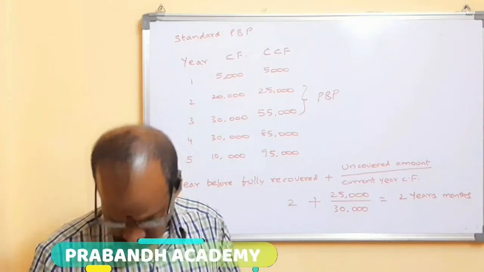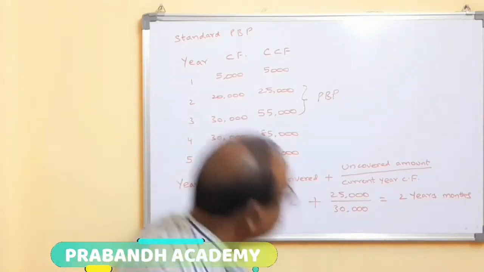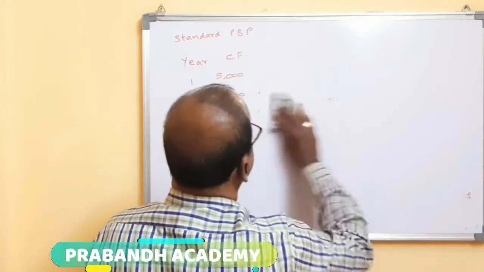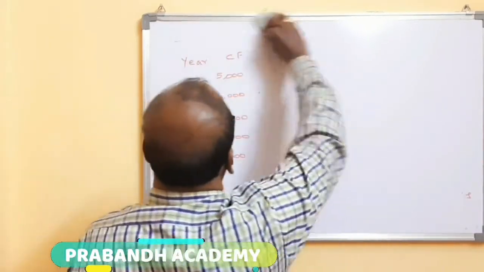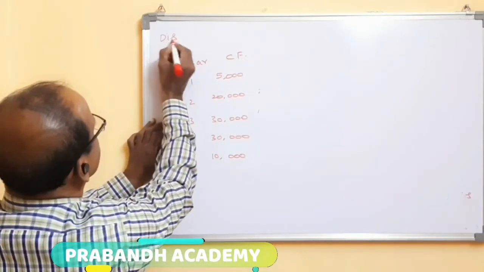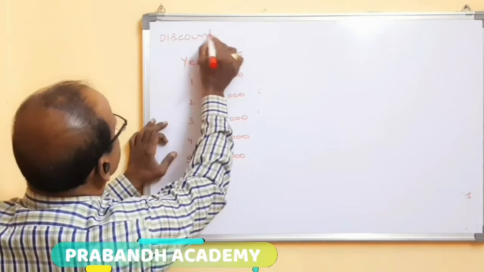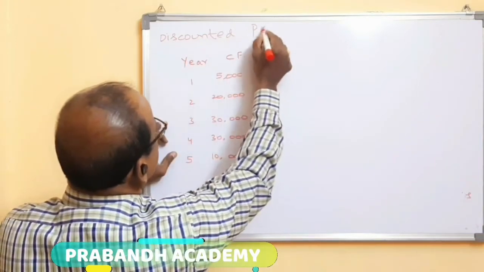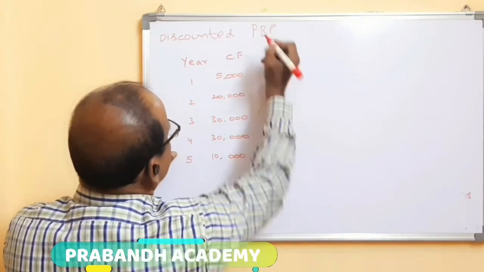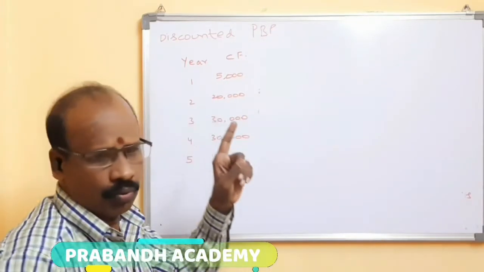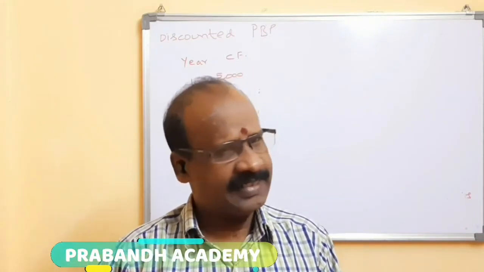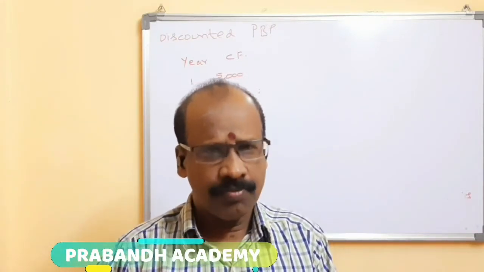Now we calculate discounted payback period. Now we take the PV factor values. So in this problem, the discount rate is 10%. Based on 10%, you take PV values.